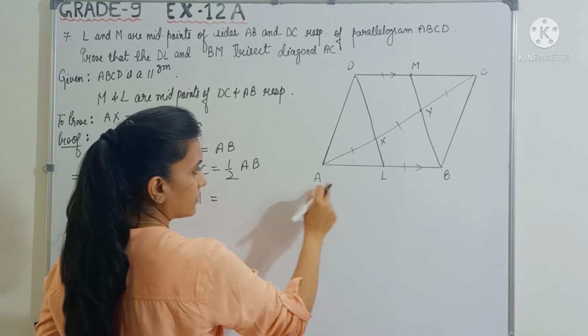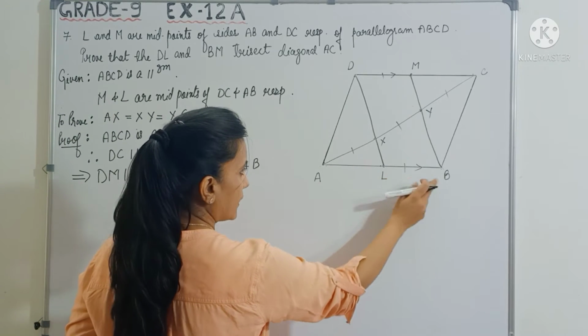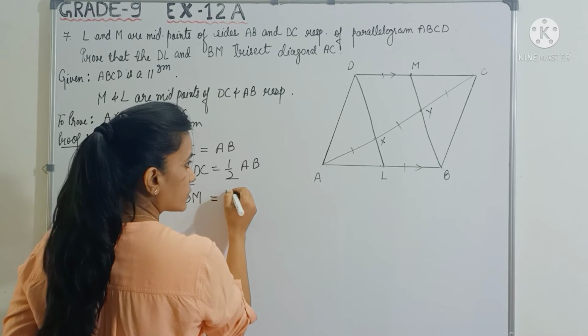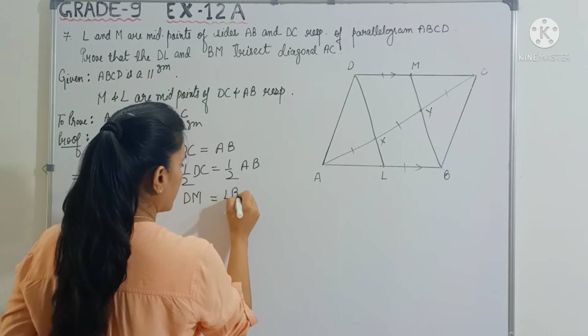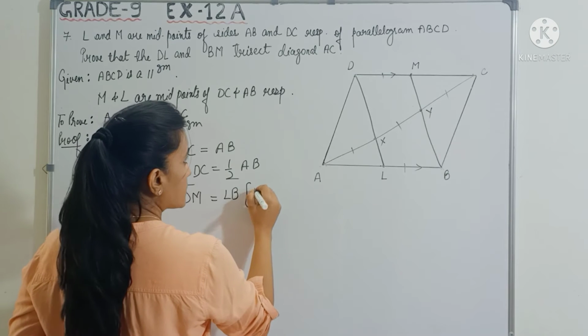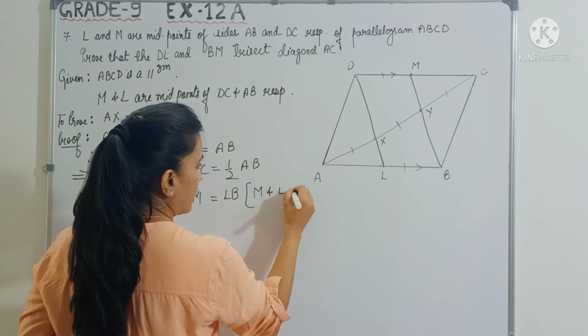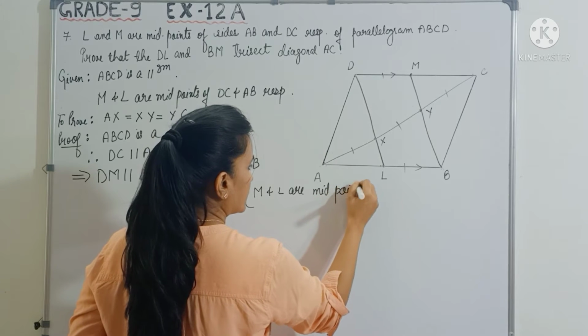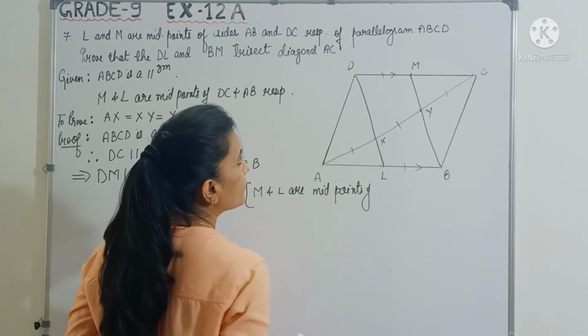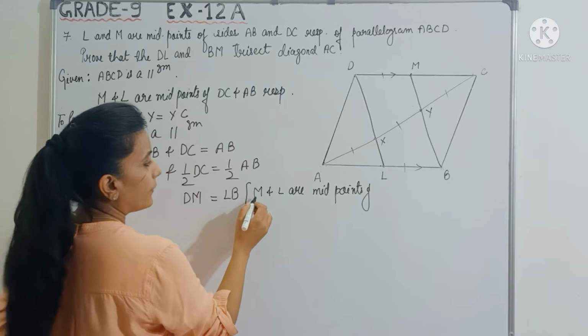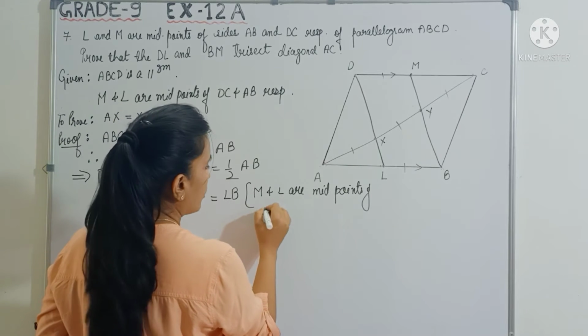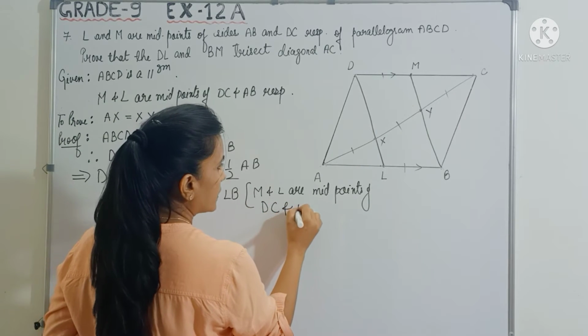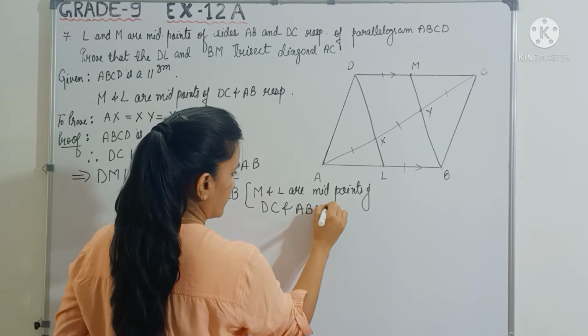And half of AB will be how much? LB. Why? Because M and L are midpoints of DC and AB respectively.